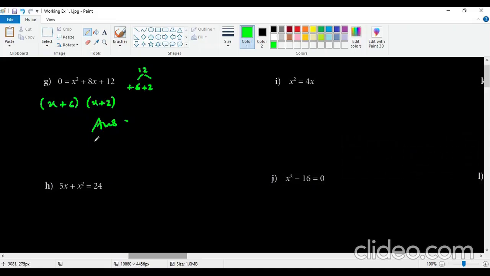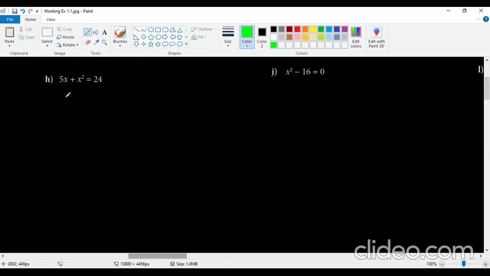Now comes question number H. I will rewrite this equation in terms of quadratic equation x squared plus 5x minus 24. Now we are looking for negative 24. For negative 24, we have 8 and 3. 8 times 3 is 24, and plus 8 and minus 3.